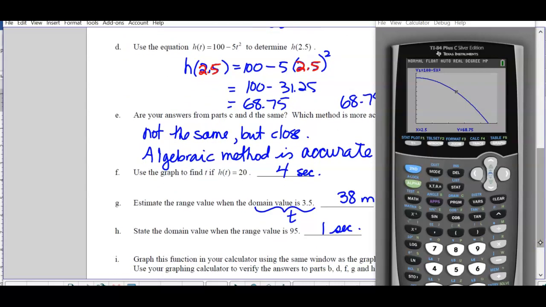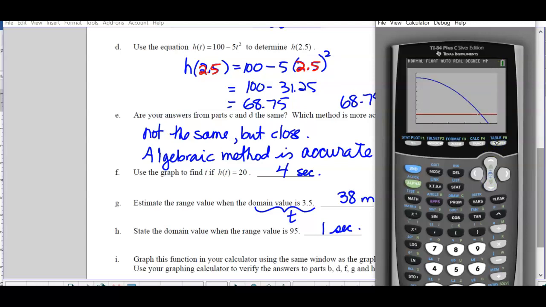Then, working backwards, what do we do when H is 20? So there is no way to, other than cursoring, so we can go down to where we're looking for Y is 20, but we won't get exactly on it, right? Really close. So what you have to do is go to Y equals and put Y equals 20, and it's going to draw a horizontal line.